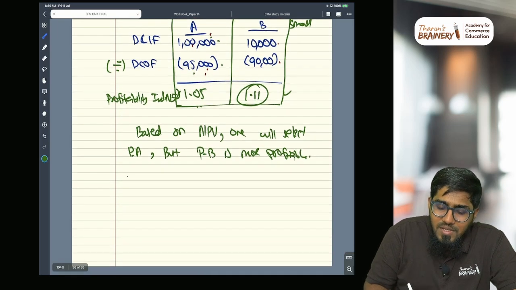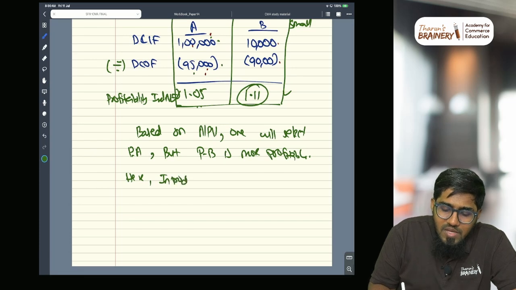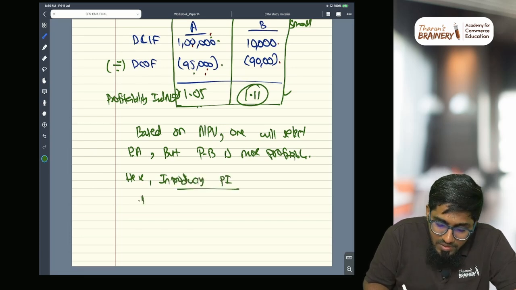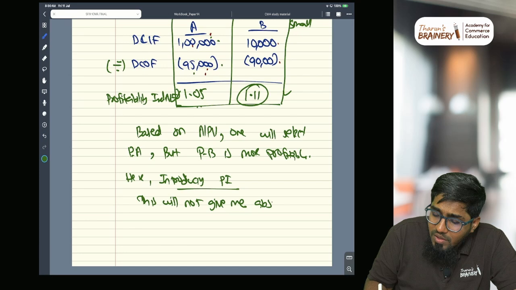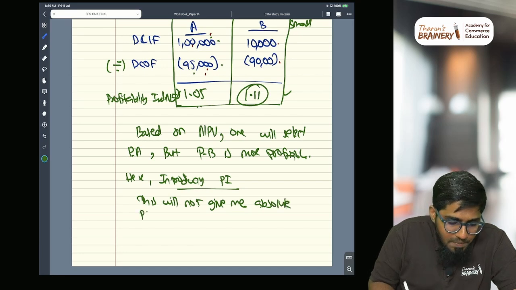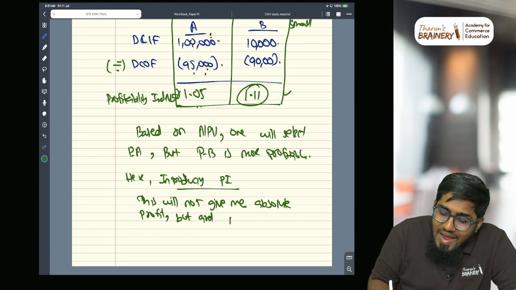That is the reason we are introducing our hero, the profitability index. This will not give me absolute profit, but an index number to compare.